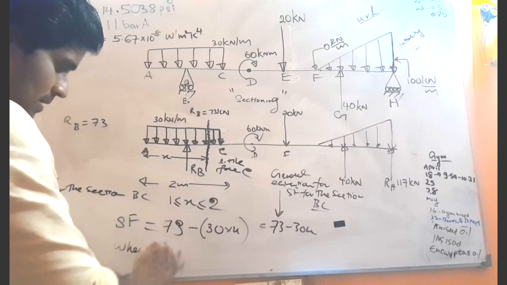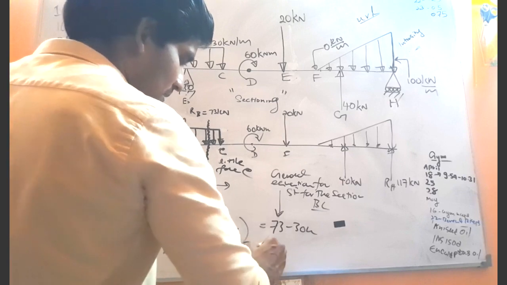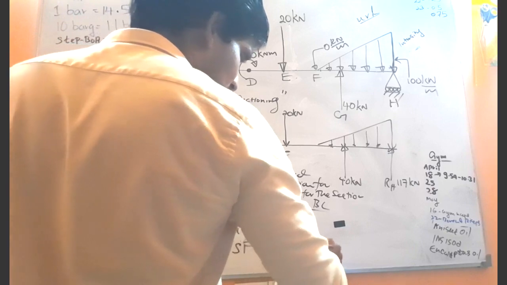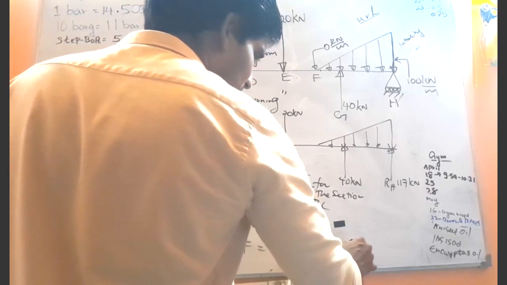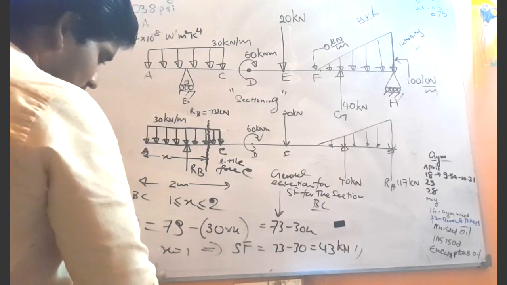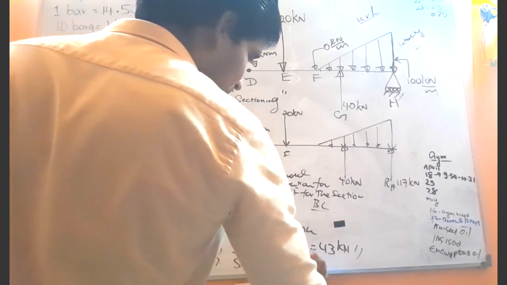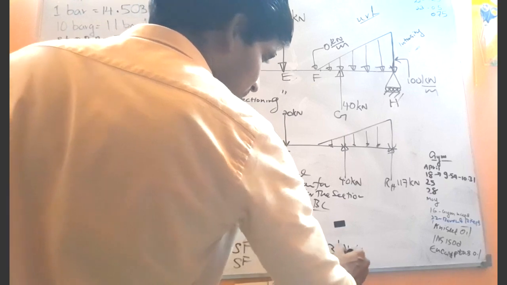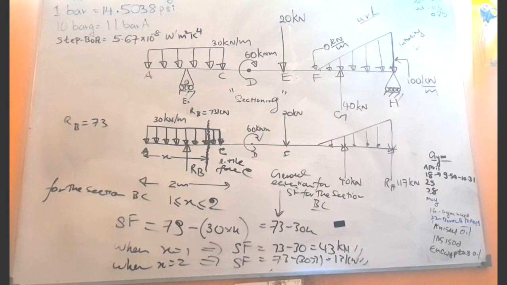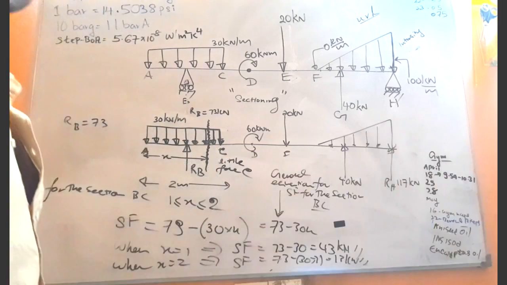When x equals 1, the shear force equals 73 minus 30 into 1, which is 43 kilonewtons, right? Then when x equals 2, the shear force equals 73 minus 30 into 2, which is 13 kilonewtons. Got it? Right? So that is also very, very important, right? All these critical values are very, very important, right?